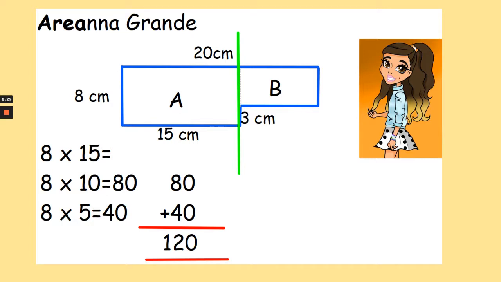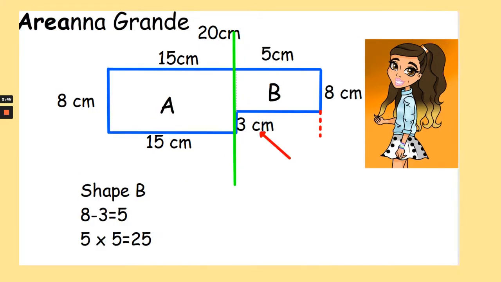Now that's a bit tricky. So I know 8 times 10: 10, 20, 30, 40, 50, 60, 70, 80. And 8 times 5: 5, 10, 15, 20, 25, 30, 35, 40. So I have to do 80 add 40 and my answer is 120. So the area for shape A is 120 centimetres squared.